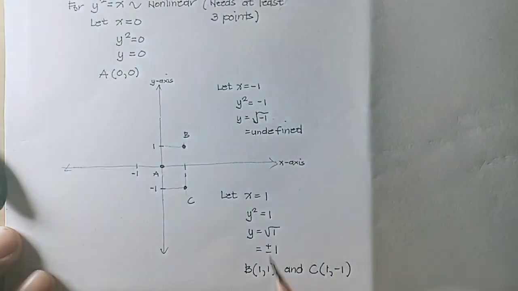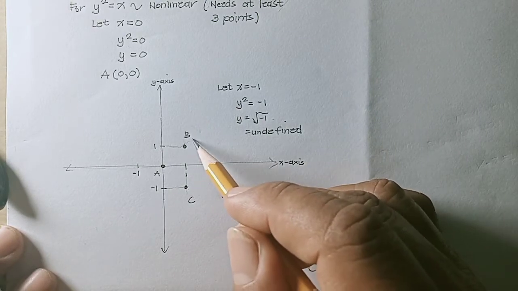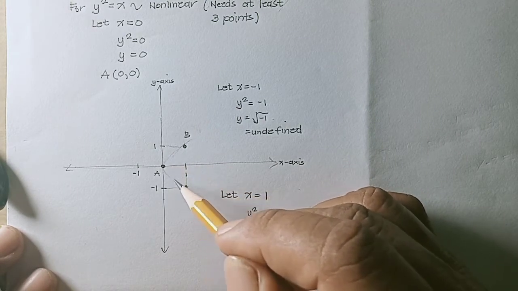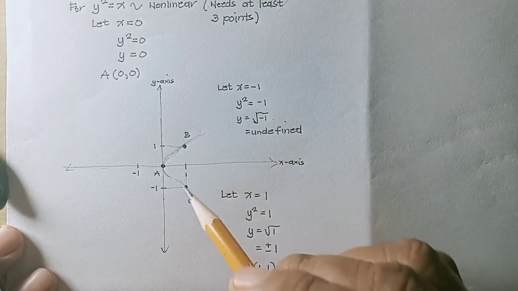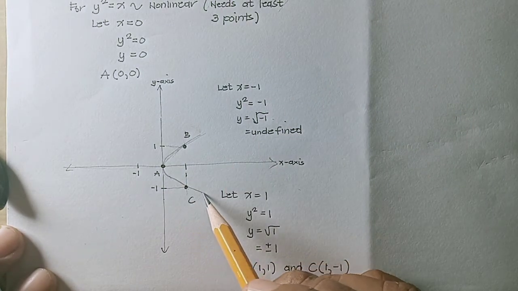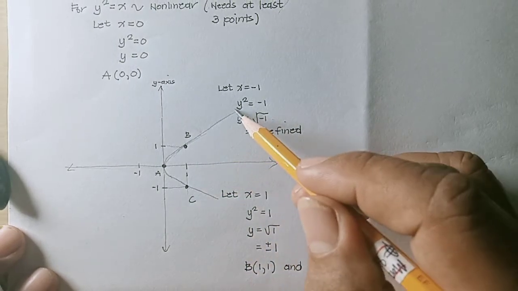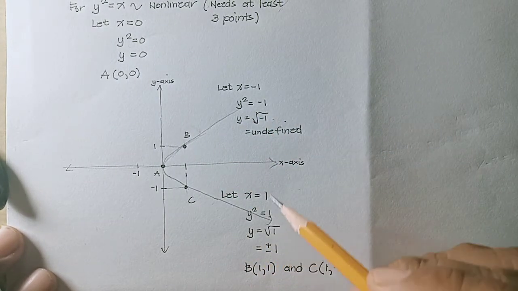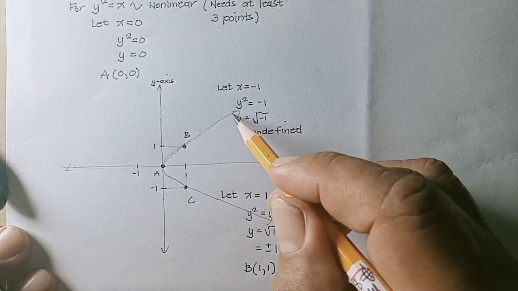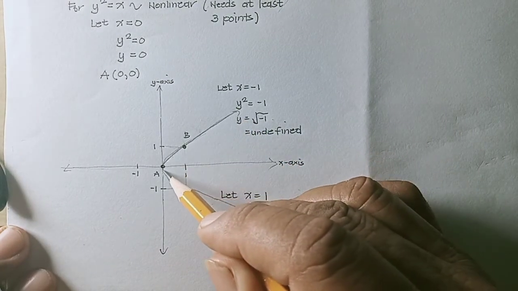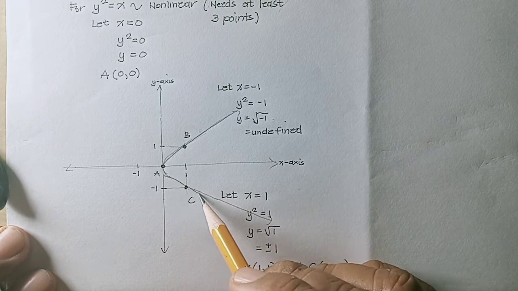Let me sketch it, and its appearance will be somewhere like that, no? It's actually a parabola that opens to the right. There. That's going to be the rough estimate of the graph of our function.